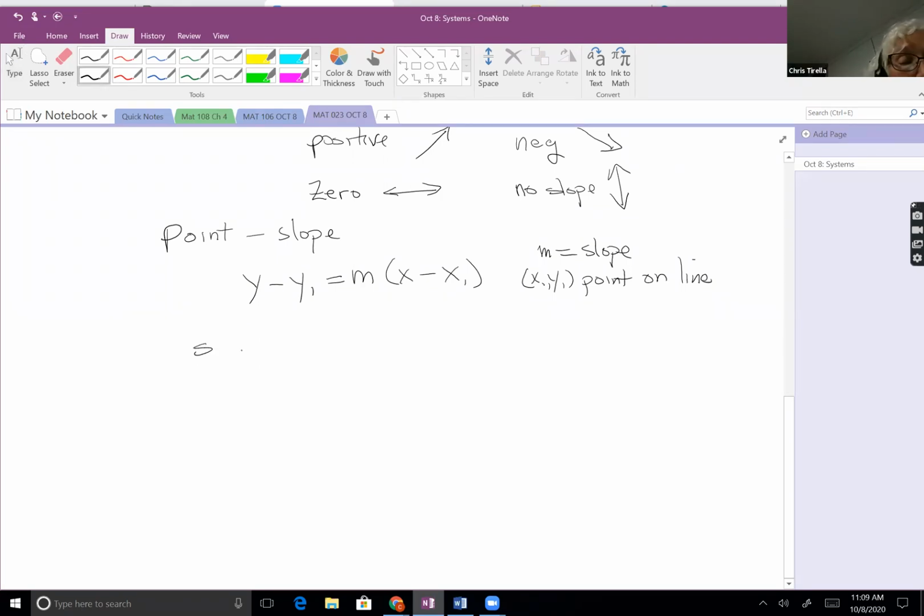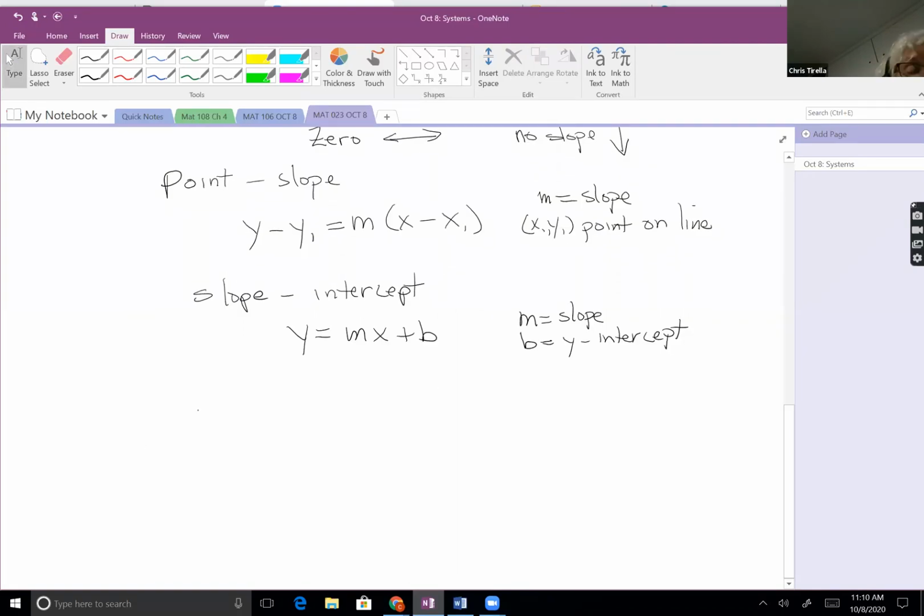Then we said if we go through and take that and solve it for y, we get the slope intercept form, which is our y equals mx plus b, where m is the slope and b is the y-intercept. And that gave us another way of graphing lines.